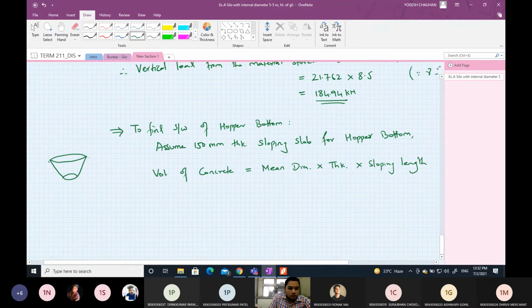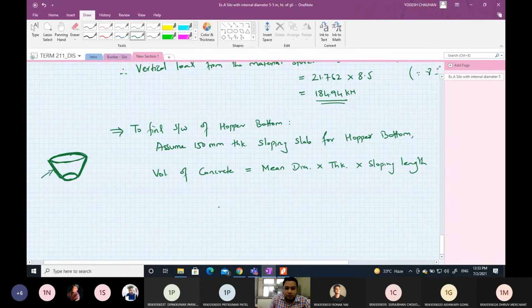The volume of these side walls is of the shape of a truncated cone. So we are interested in finding the volume of this.